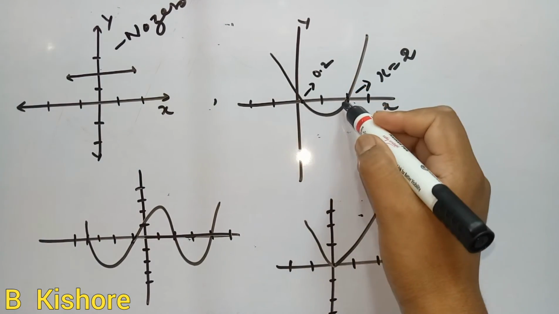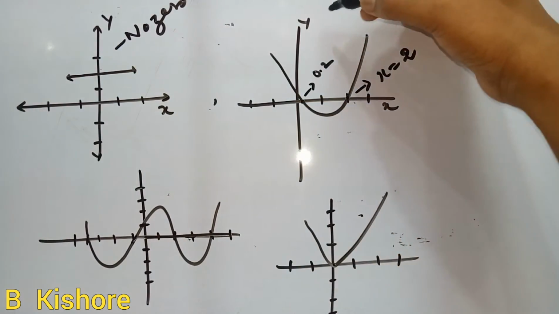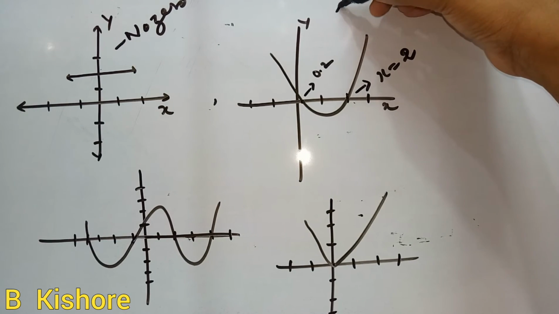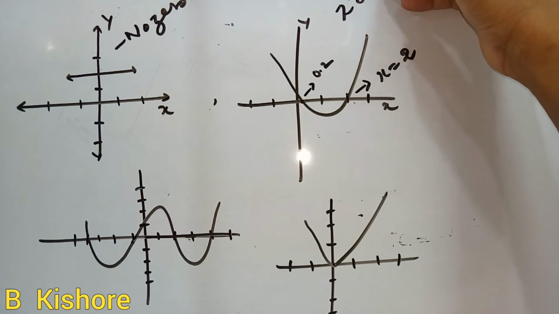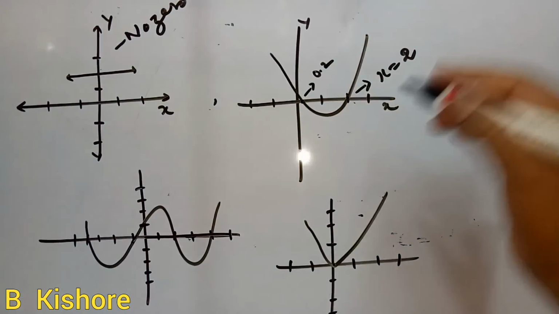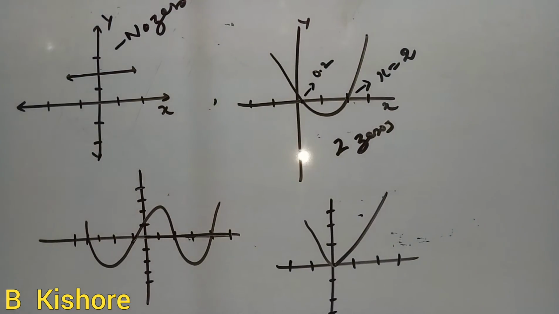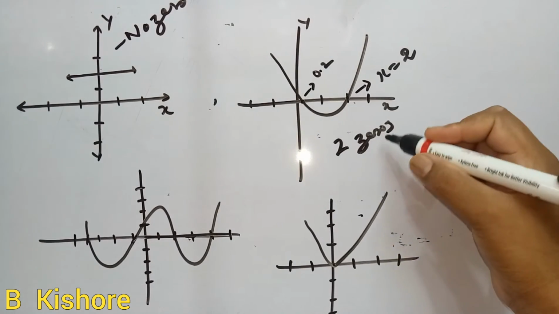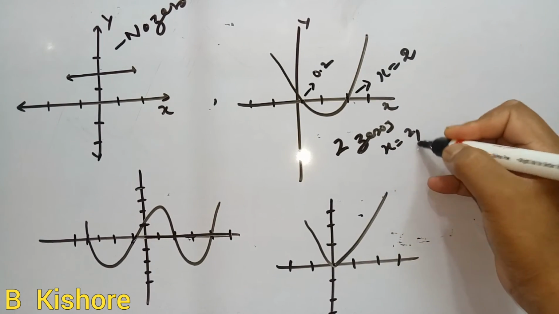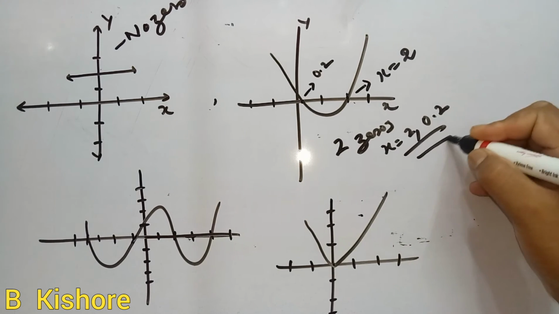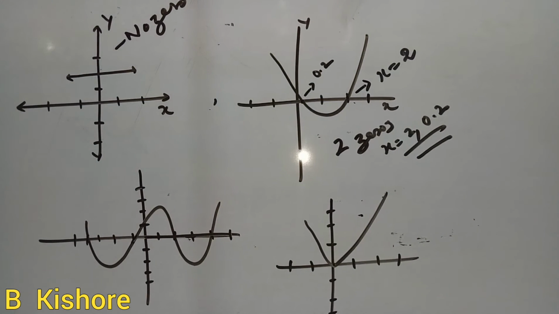So these are the two zeros of the polynomial. So here how many zeros are there? 2 zeros, right? And what are the values of those zeros? The values are x is equal to 2 and x is equal to 0.2. These are the values of the zeros.